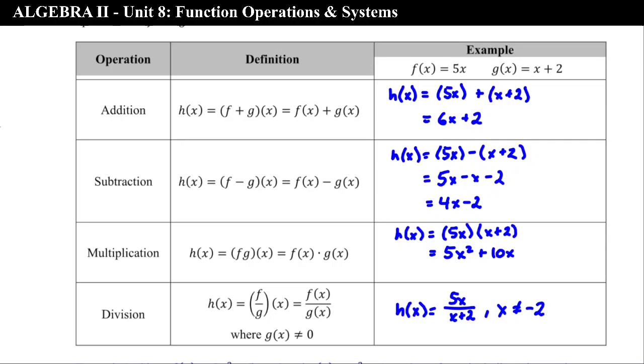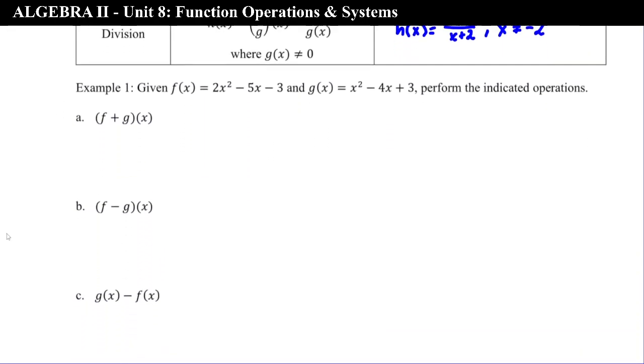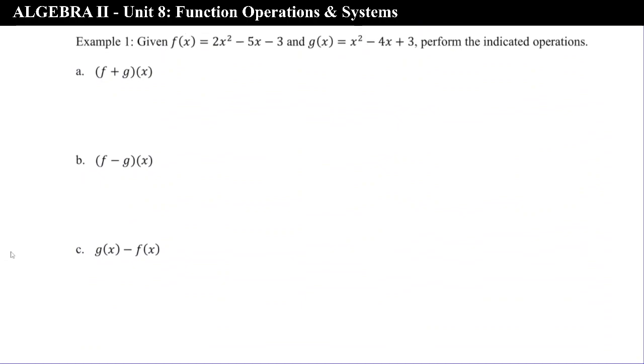Okay, so now you've seen a little bit about how it works. Let's do some examples. So given f of x is 2x squared minus 5x minus 3, and g of x equals x squared minus 4x plus 3, let's perform these indicated operations. So let's begin with f plus g of x.